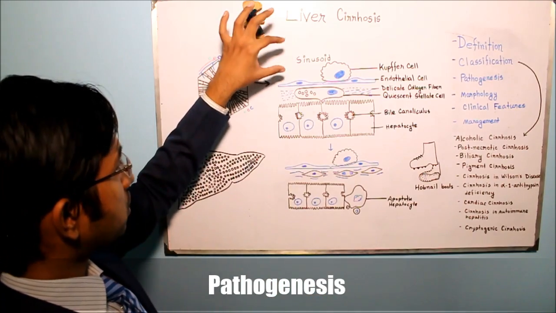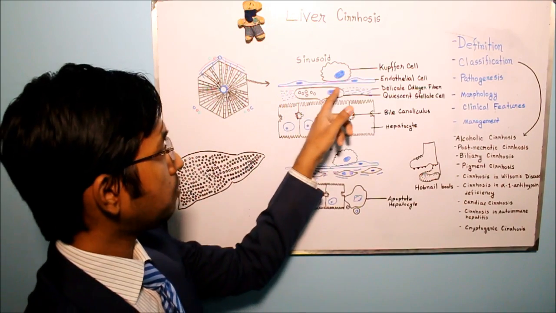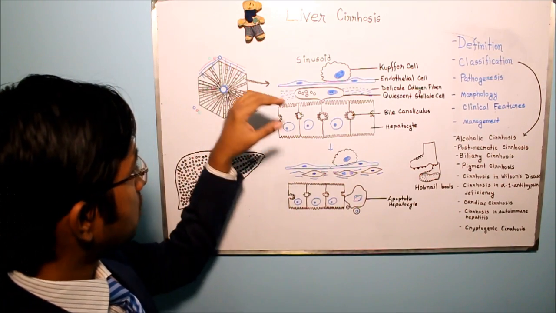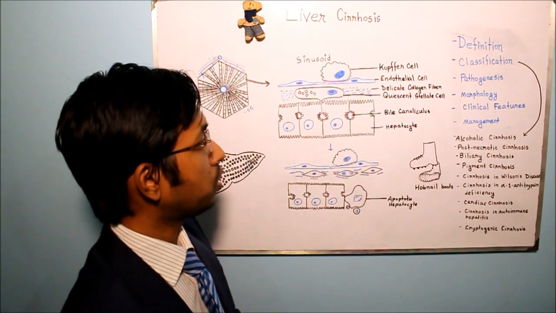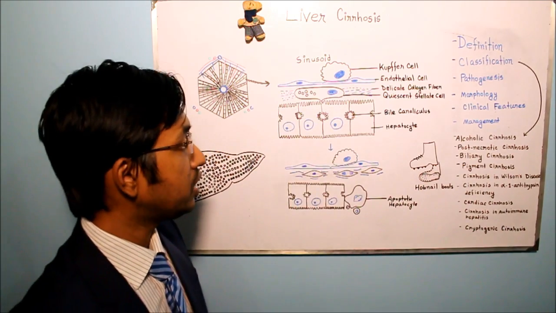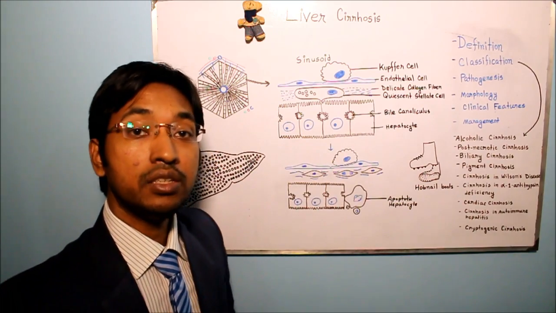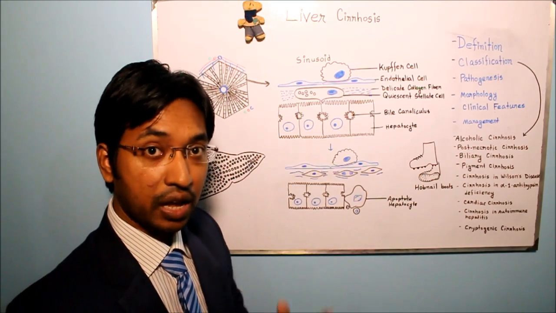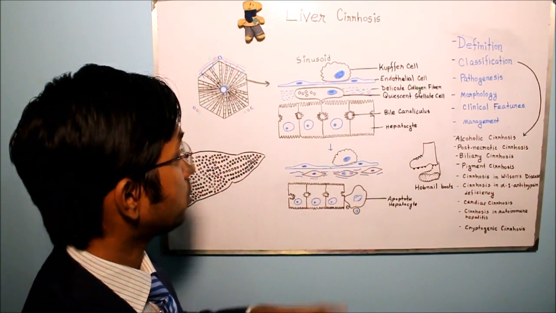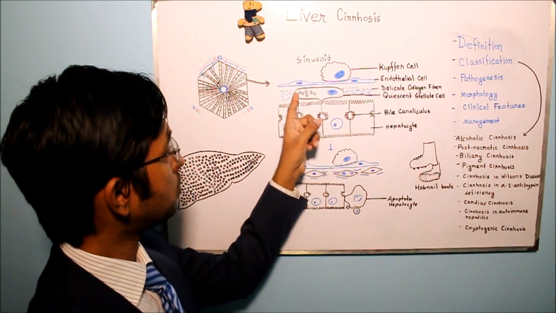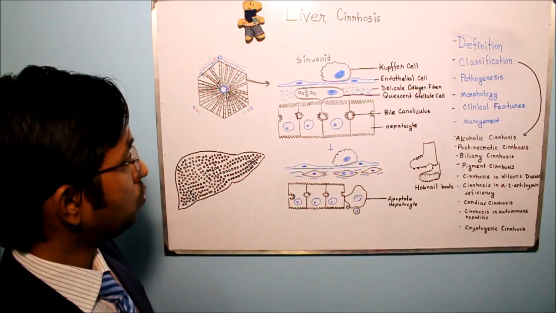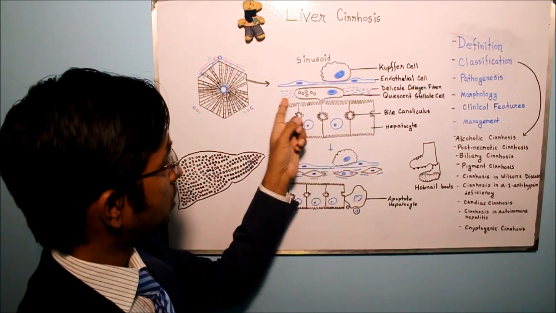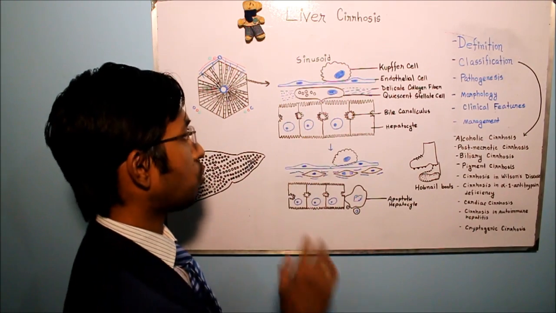Note that the hepatic sinusoid is lined by endothelial cells, and there is a space between the lining endothelial cells and the underlying hepatocytes, and this space is called the space of Disse. We can see that there is a hepatic stellate cell in this space of Disse as shown in this image.